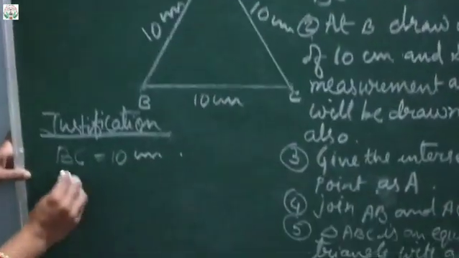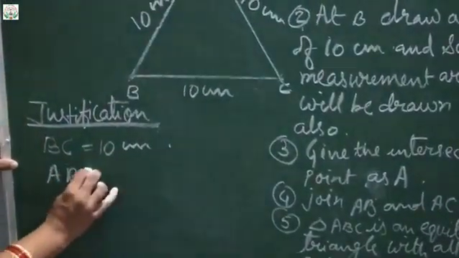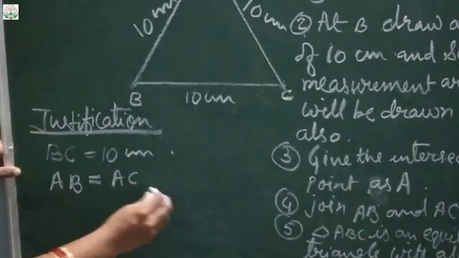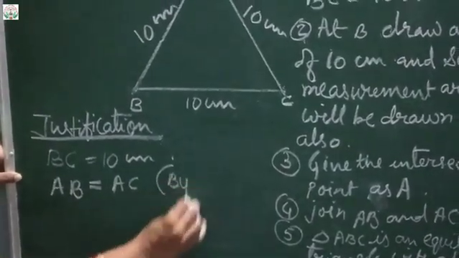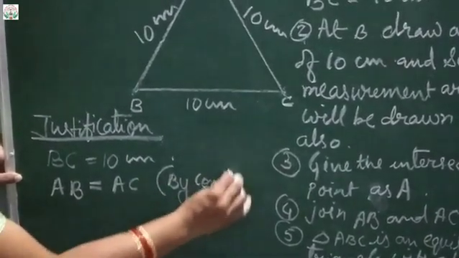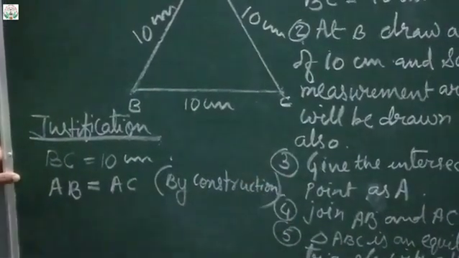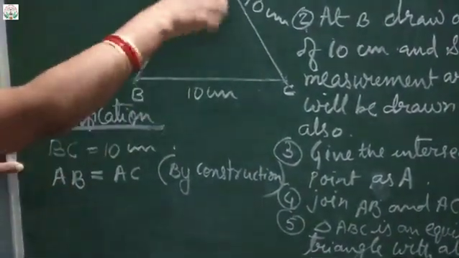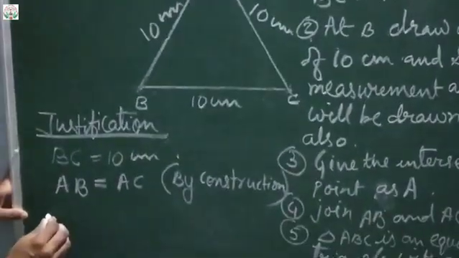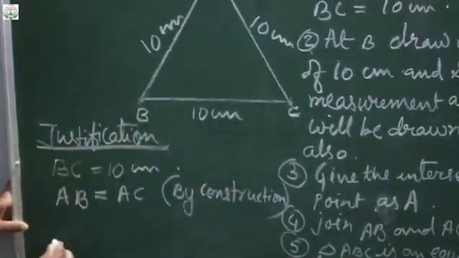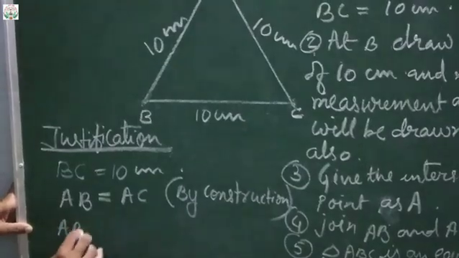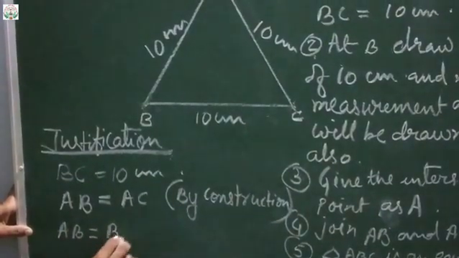So what? AB equals AC. We can write here, by construction, because we have constructed it likewise, since we cut the same arc. And second, AB equals BC.